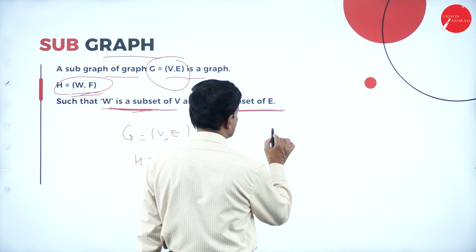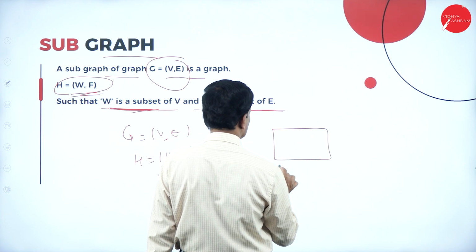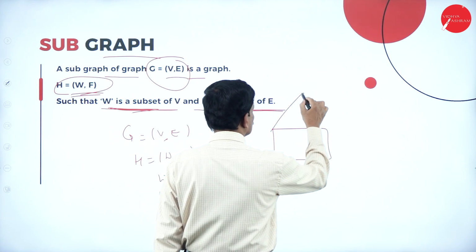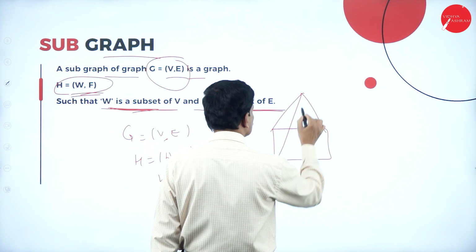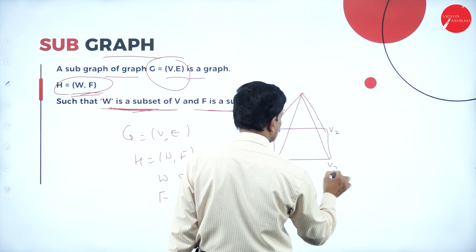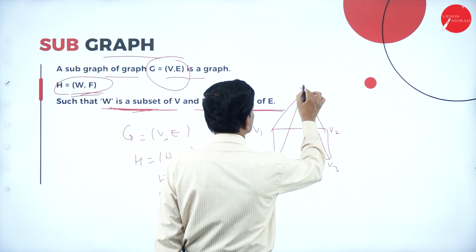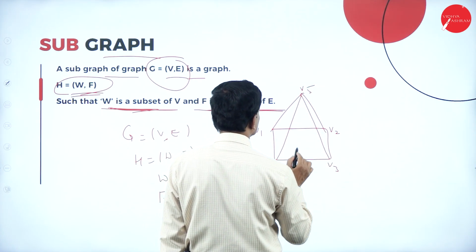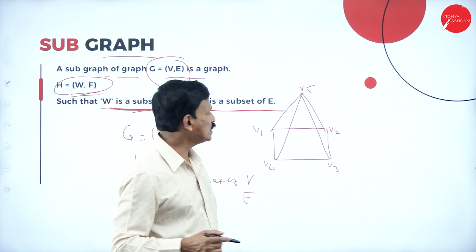Now let us write an example. V1, V2, V3, V4, V5, and write the edges.